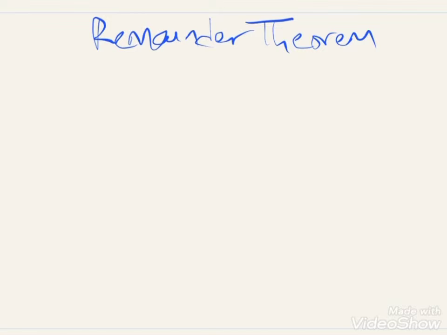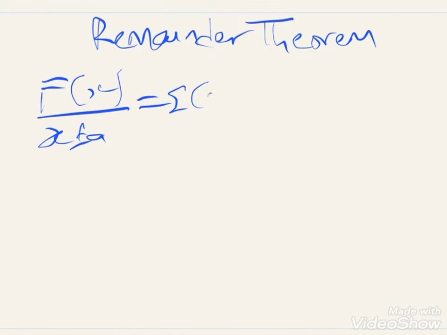The theorem states that if some polynomial f of x is divided by some linear factor x plus or minus a, where a is just some number, then the result of the long division will be some quotient q of x plus some polynomial remainder r of x.